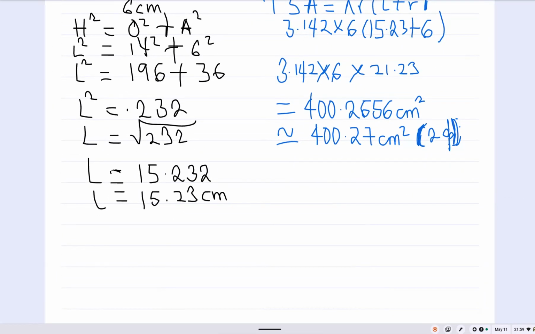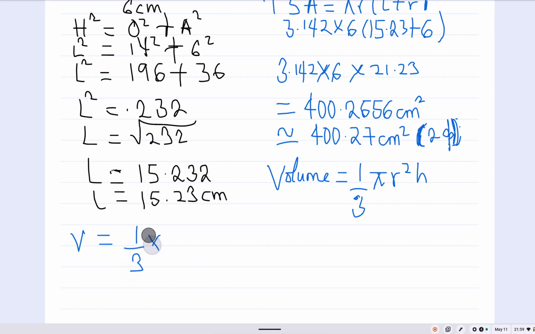All right. Now the last one that says the volume. What's the volume? We said volume is 1/3 pi r square h. Are you seeing that now? So that means our volume is 1/3 multiplied by pi.